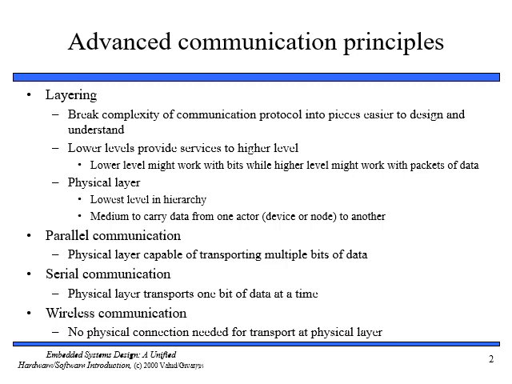In parallel communication, the physical layer is capable of transporting multiple bits of data, whereas in serial communication, the physical layer transports one bit of data at a time. And lastly, in wireless communication, no physical connection is needed for transport at the physical layer. So we do not require any physical connection.